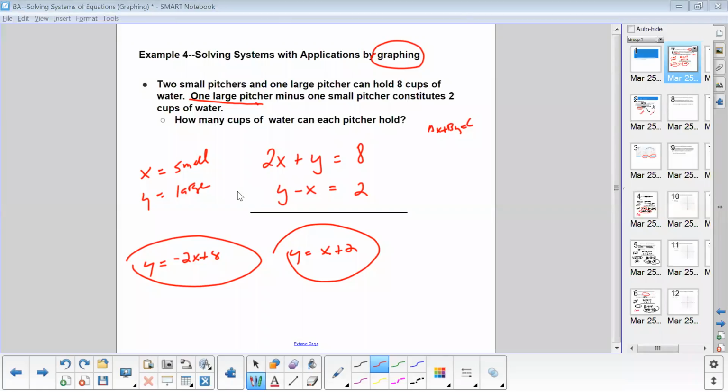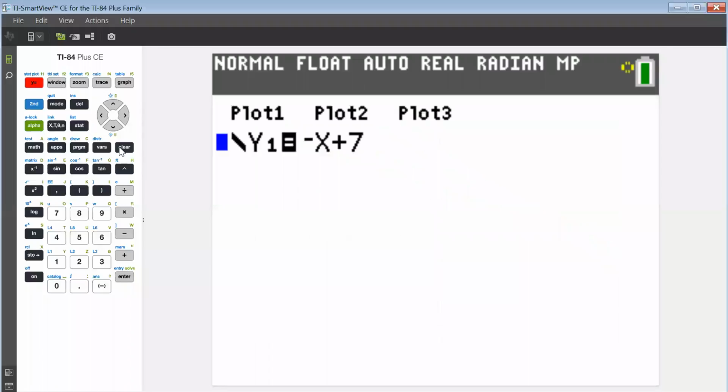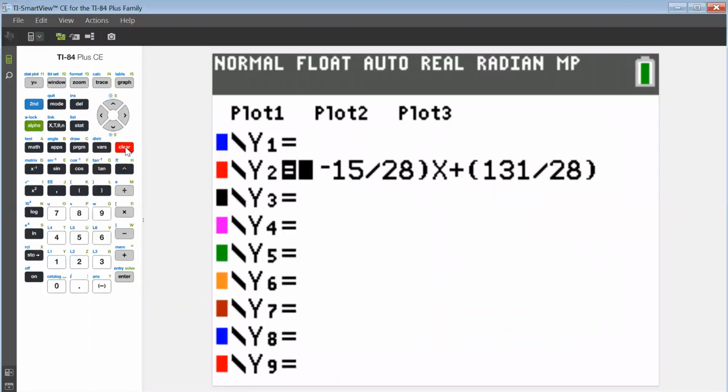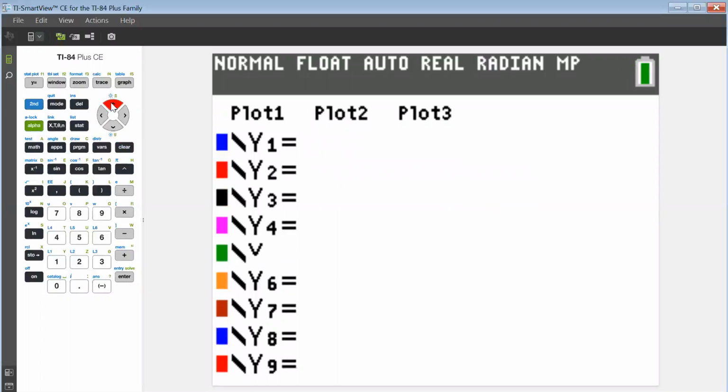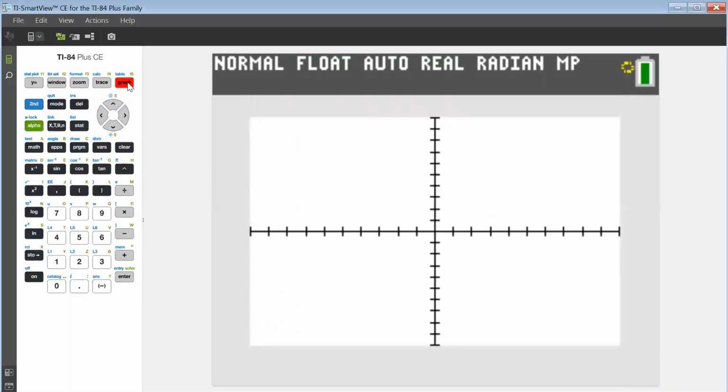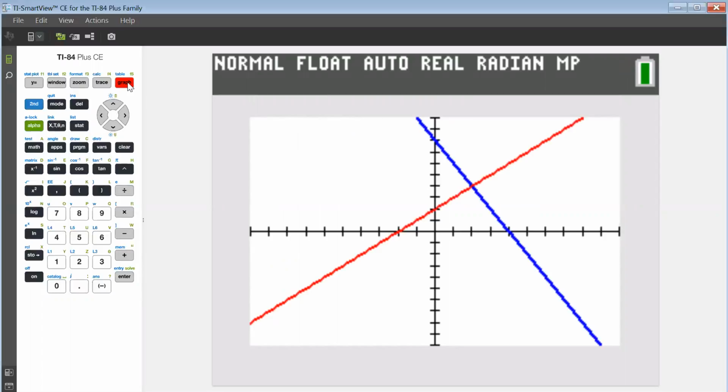So let's go to the calculator. Clear those out and type in negative 2x plus 8. Enter. And x plus 2. We're going to graph those. One's positive sloping, one's negative sloping.